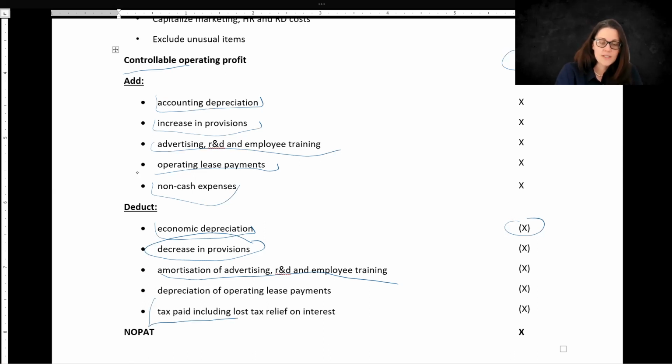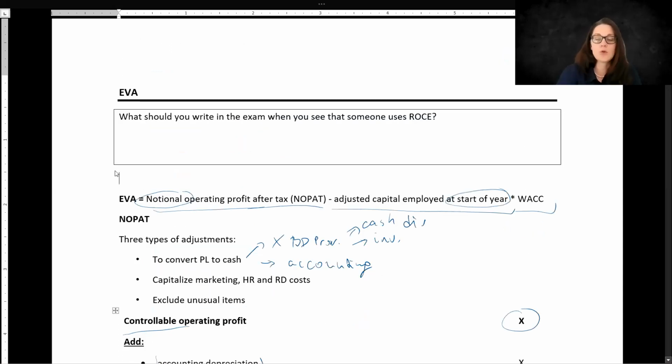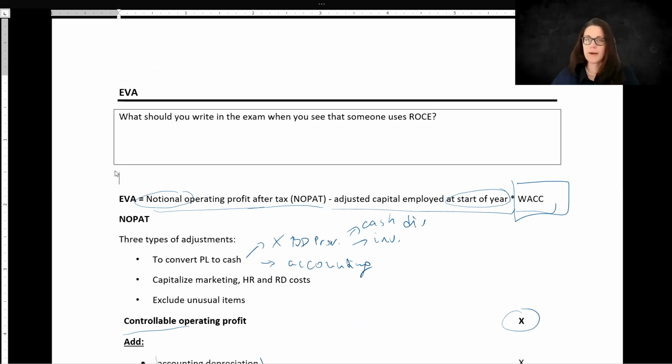Another very important adjustment is that we need to deduct tax paid, and we will need to account for the lost tax relief on interest. What does it mean? Well, if you look at the EVA formula, you will see that we use weighted average cost of capital. And if you remember your financial management studies, you will remember that interest is going to be multiplied by 1 minus tax.